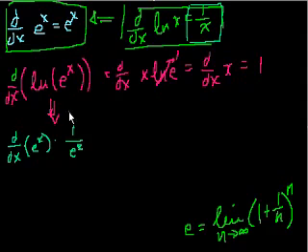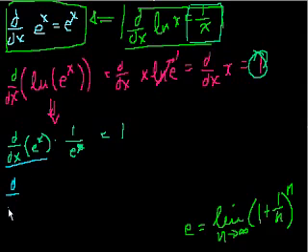Well, what else do we know? We know that this is equal to this, and we also know that this is equal to this. So this must be equal to this, so this must be equal to 1. Let's just multiply both sides of this equation by e to the x. On the left-hand side, we're left with the derivative of e to the x, times e to the x over e to the x.